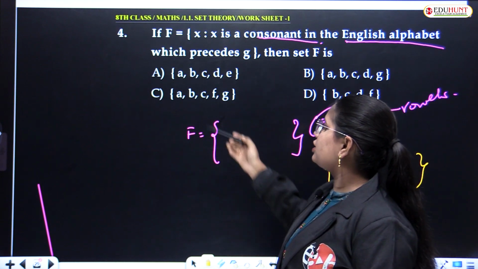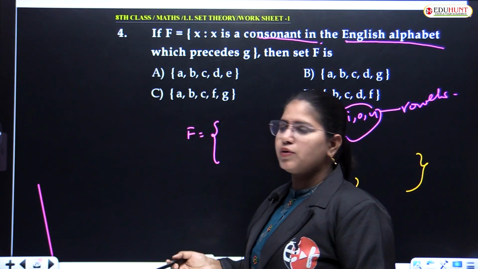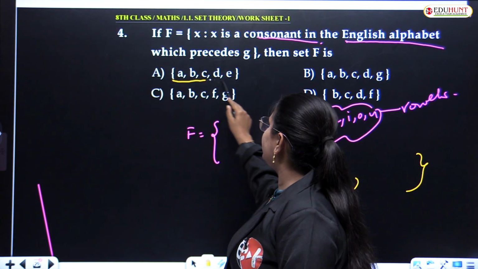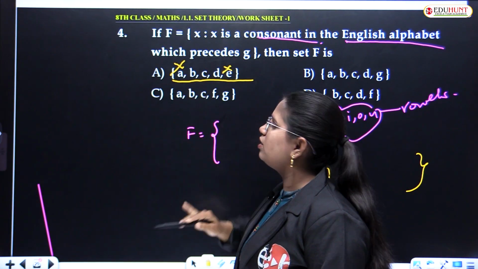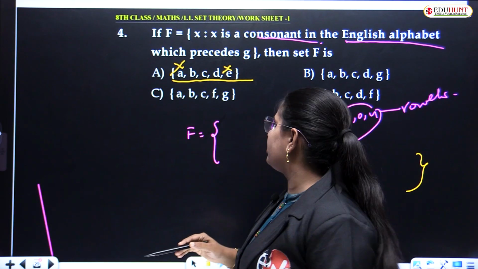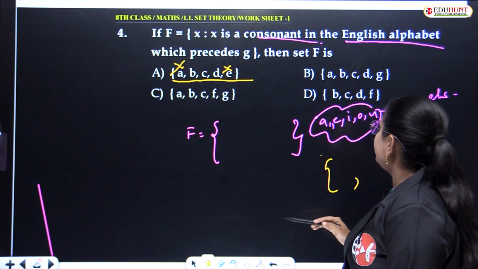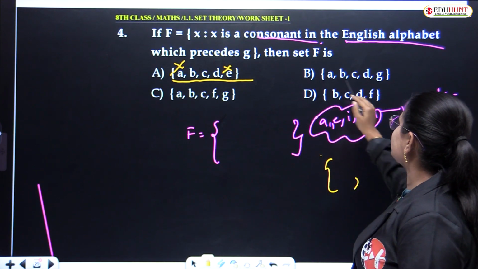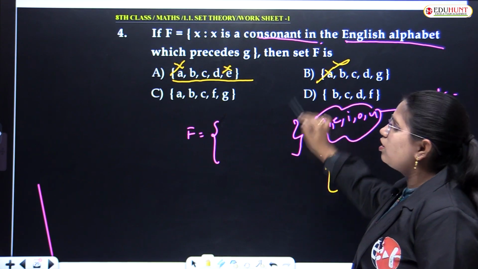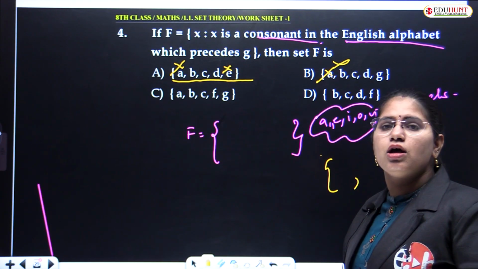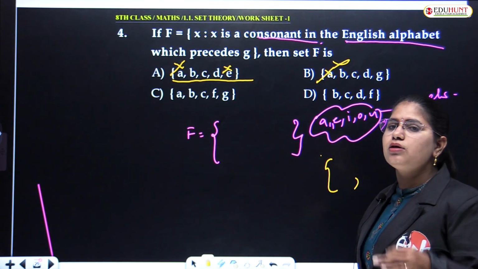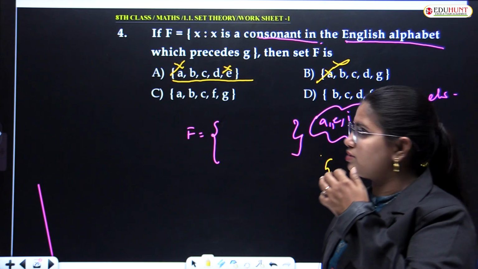Okay, let us check with option A. Option A has A, B, C, D, E, out of which E is a vowel, A is a vowel. So option A is deleted, right? Next, option B has A, a vowel, so it is eliminated. You have to take such X that follows only consonants, not vowels, right?